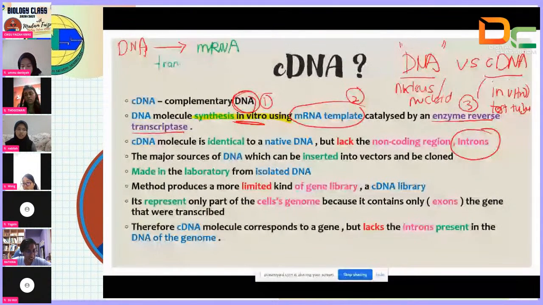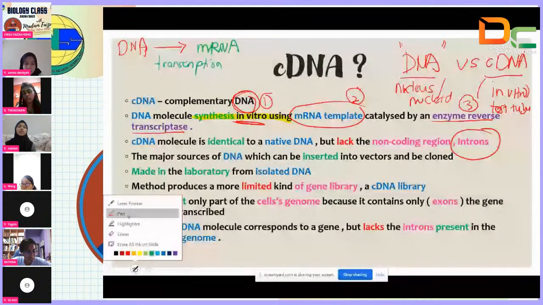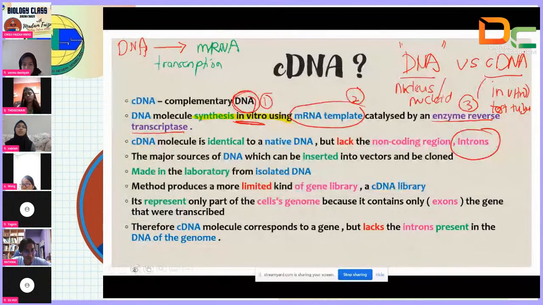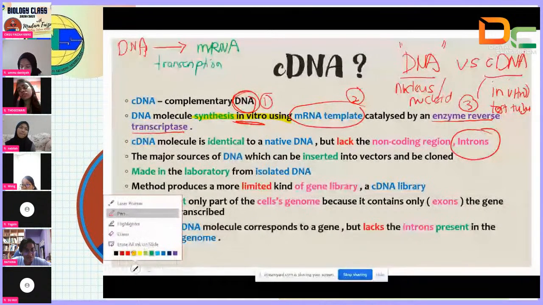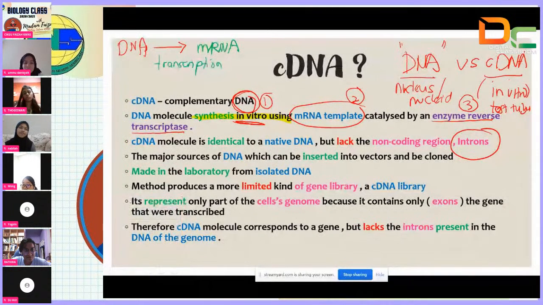DNA replication. What is replication? We want DNA to mRNA, we call it transcription. Yes, transcription, DNA to mRNA.